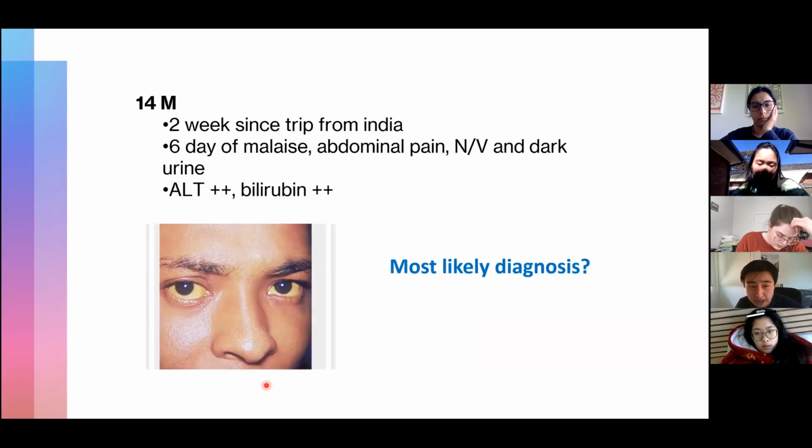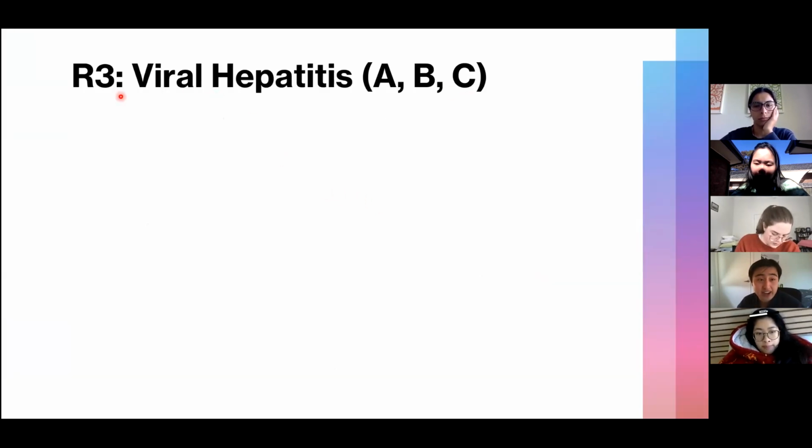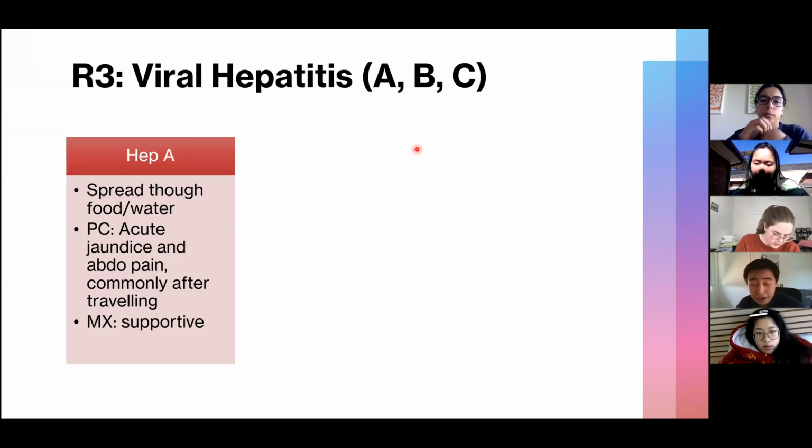Now, for our final gastro condition, can someone take a look at this and let me know what they think? Good job. Everyone's on point today. So this is hepatitis, and as many of you pointed out, hepatitis A. Hepatitis is, again, an R3 condition this year, so I'll talk about it briefly. Hepatitis A is spread through food and water. It's characterized by acute jaundice and abdominal pain, commonly after traveling, which is why sometimes we give people hepatitis A vaccines.